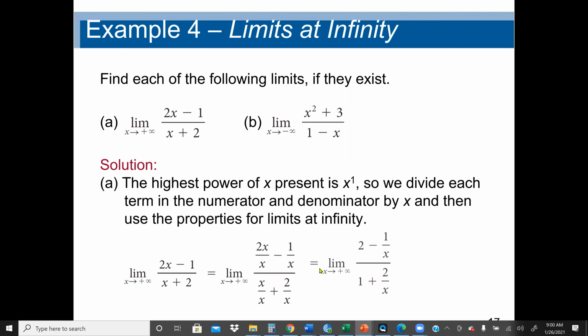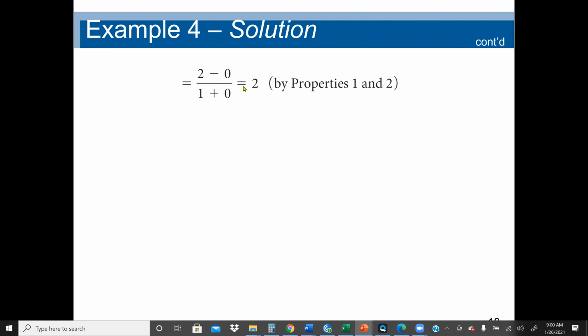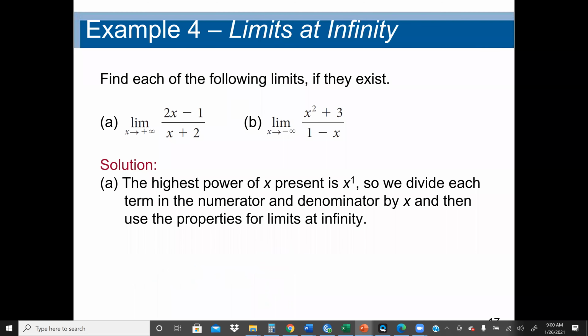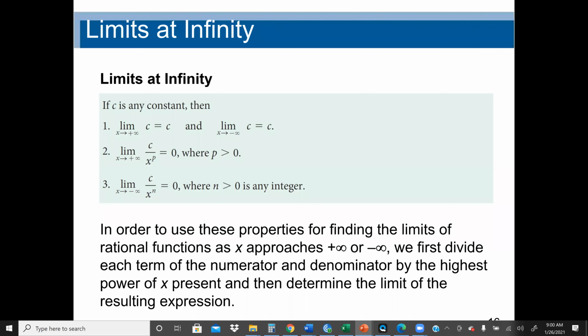So let's see how it works. First of all, we cancel the x's. So we get 2. x divided by x will give me 1. So we have a 2 and 1. Now for the 1 over x and 2 over x, we have to apply the properties that we learned before. So we can say 0, 0. Let's go to the property one more time.